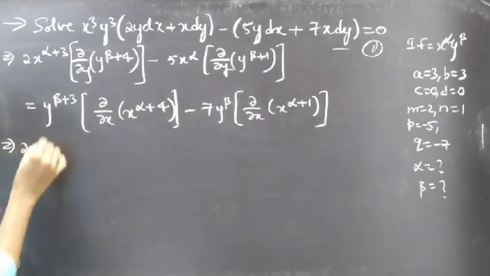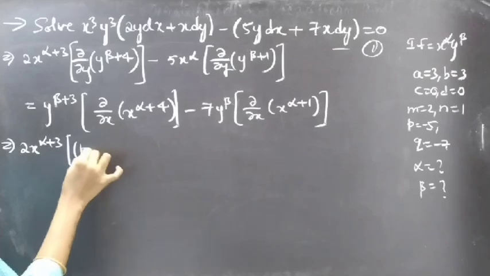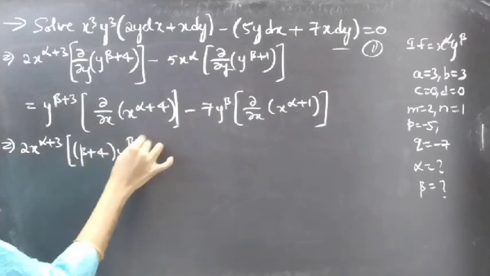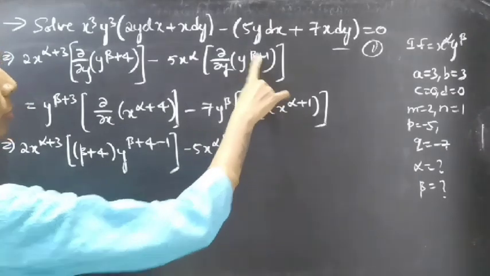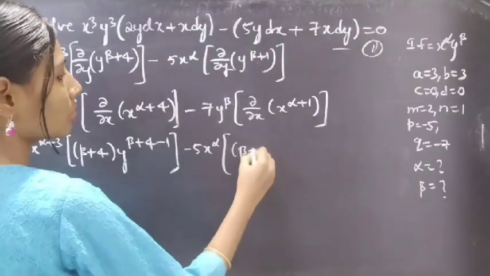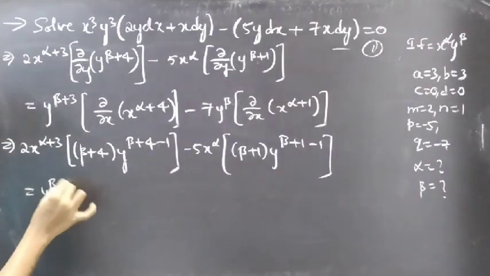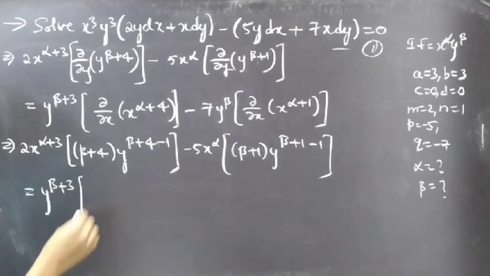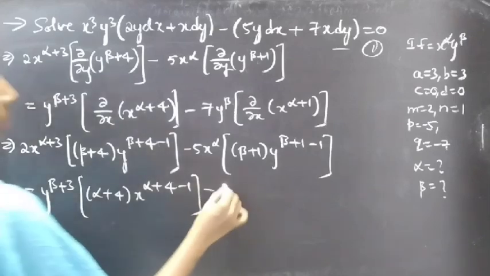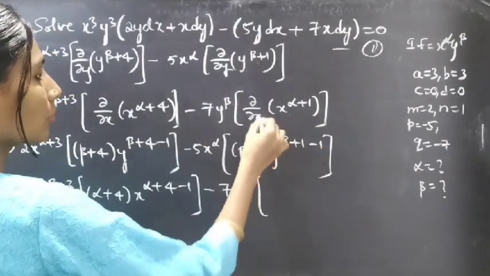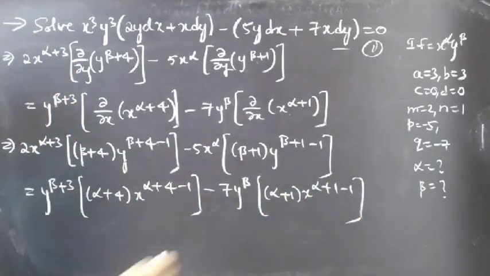This gives us 2x^(α+3) into the partial derivative of y^(β+4) with respect to y, which is (β+4) y^(β+4−1), minus 5x^α into the partial derivative of y^(β+1) with respect to y, which is (β+1) y^(β+1−1), equal to y^(β+3) into the partial derivative of x^(α+4) with respect to x, which is (α+4) x^(α+4−1), minus 7y^β into the partial derivative of x^(α+1) with respect to x, which is (α+1) x^(α+1−1), right?